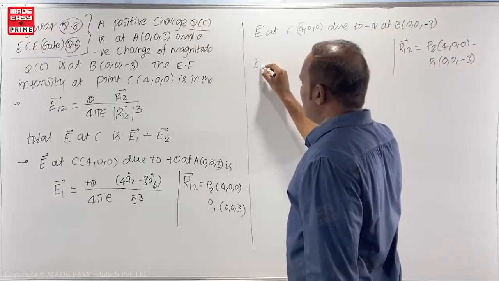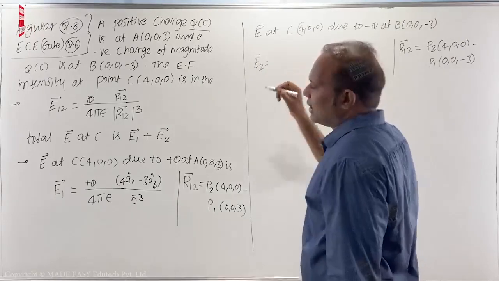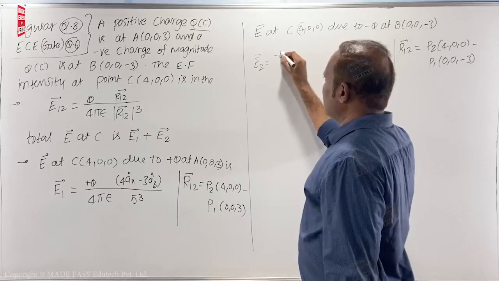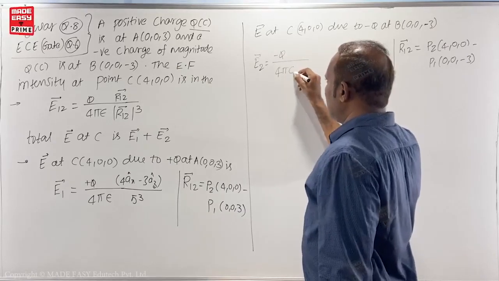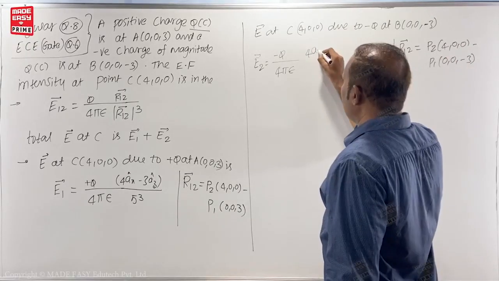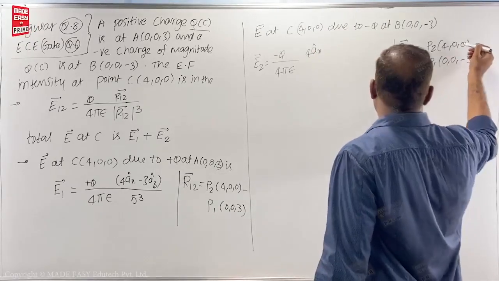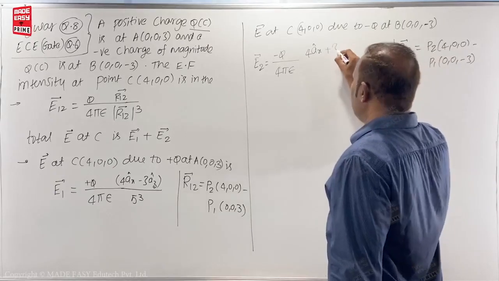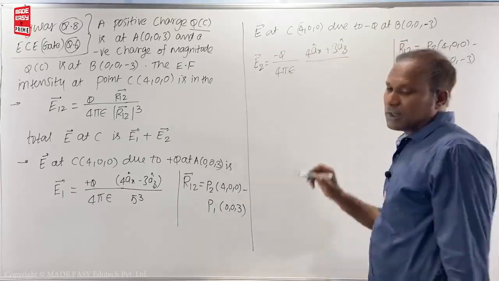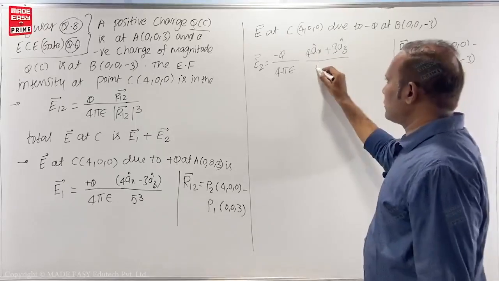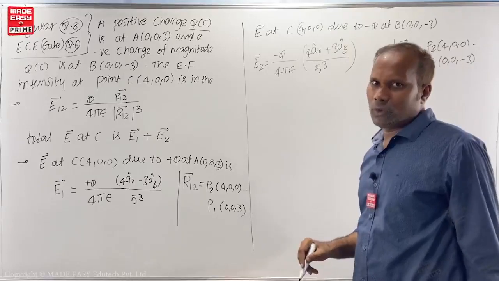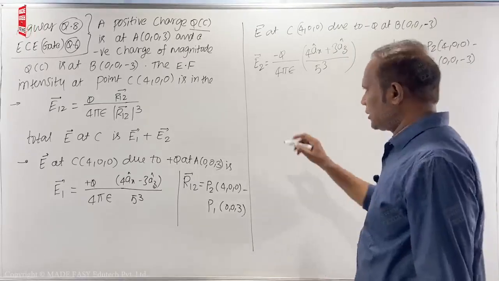Now E2 bar, that means electric field intensity at this location due to minus q charge, is minus q divided by 4 pi epsilon, times (4 minus 0) 4 ax, 0 minus 0, 0 minus of minus 3 is plus 3 az, divided by root of 4 square plus 3 square, which is 5, so 5 cube. So this is the electric field due to the minus q charge source.